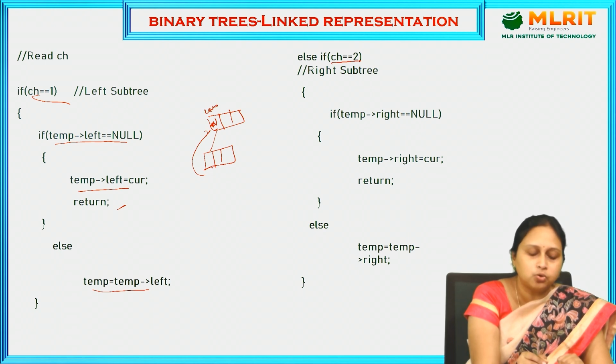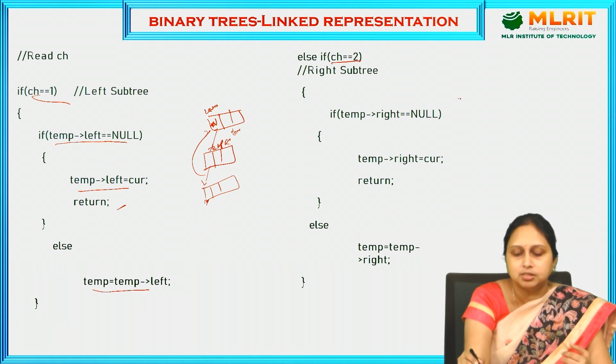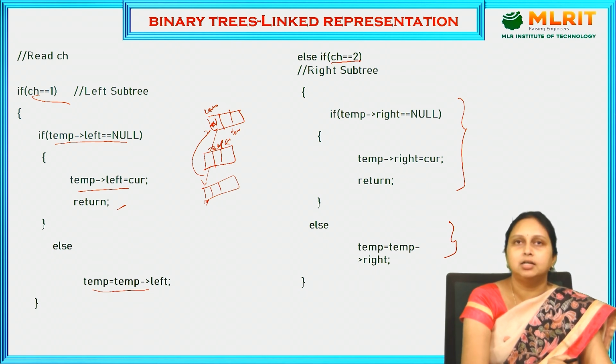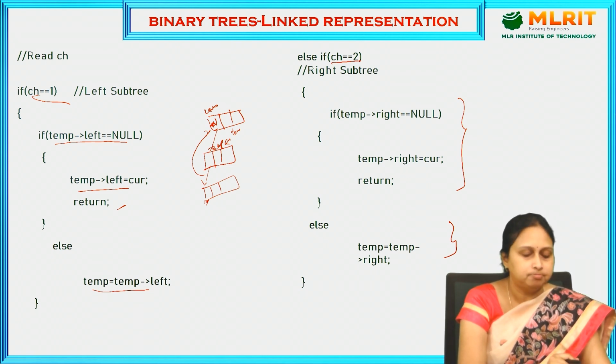In this case, if I have selected the choice as left, I am going to assign temp equal to temp arrow left. That means temp is now moving to the next node. Now it will again call this node and add here. In the same way, the same process will be repeated for the right part also. Okay, this is how the linked list creation can be done.